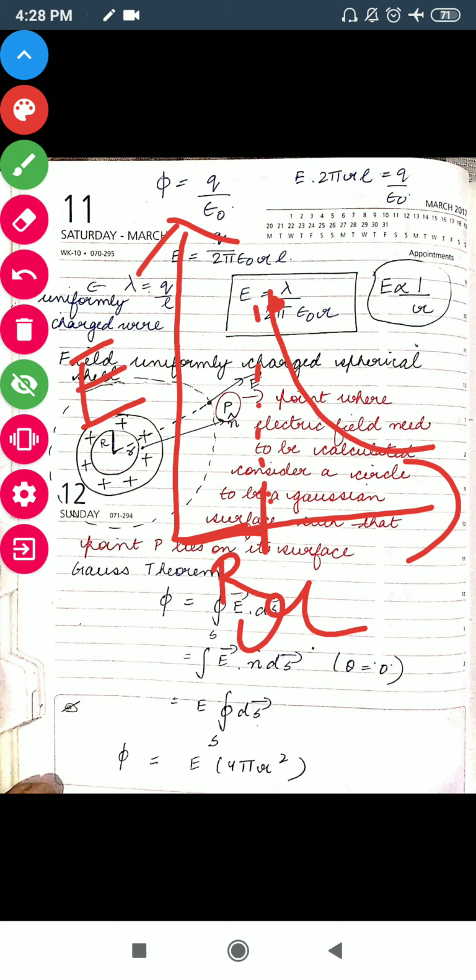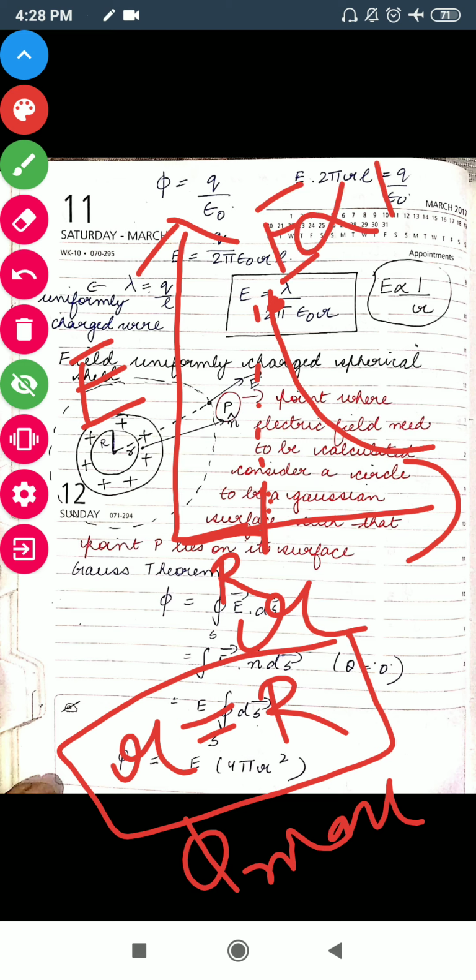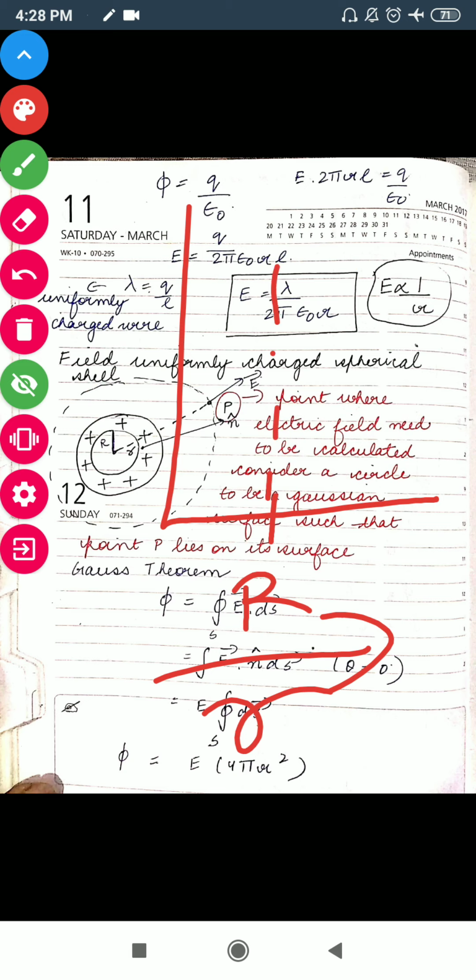When small r is equal to capital R, the electric field is maximum, and after capital R it goes on decreasing with the relation that E is inversely proportional to r square.